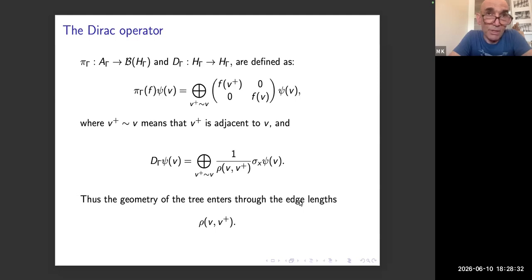That Laplacian is just a graph Laplacian. But I don't know. That's a good thing to investigate, whether D squared is really like the Laplacian on gamma.